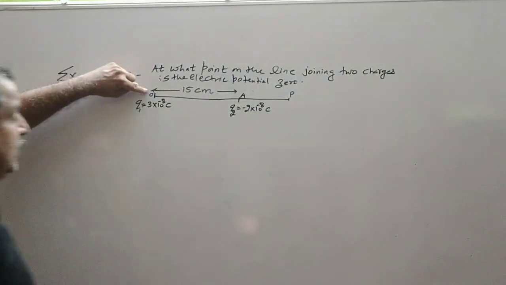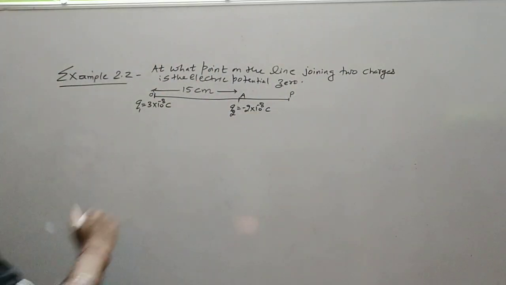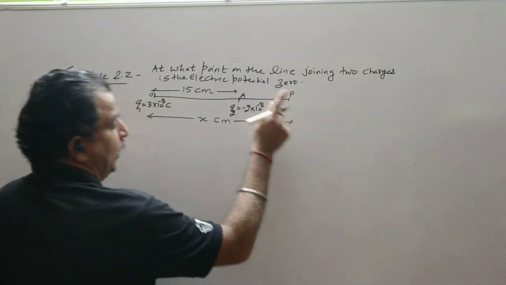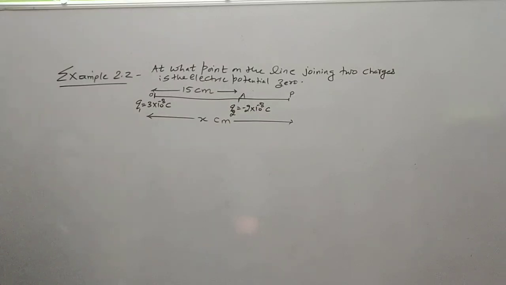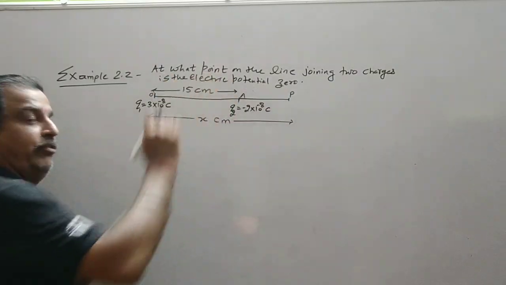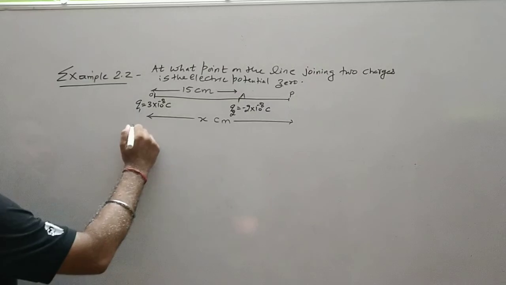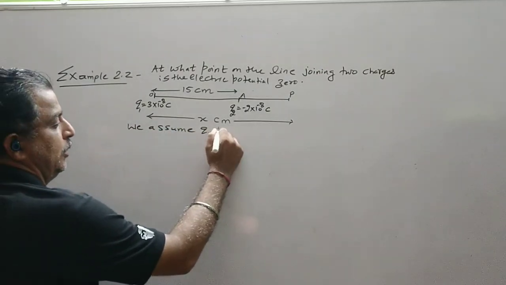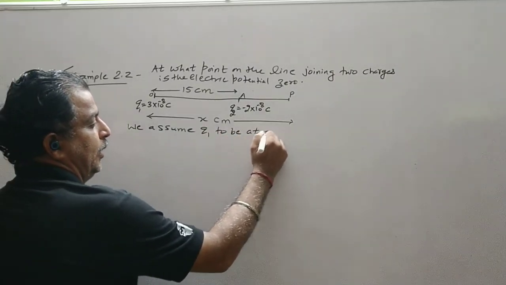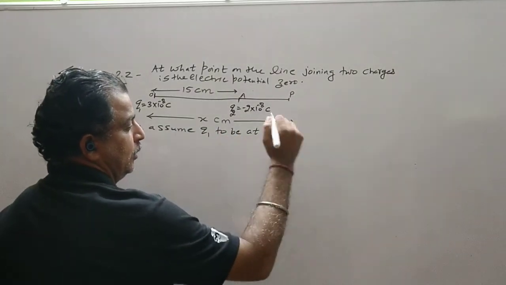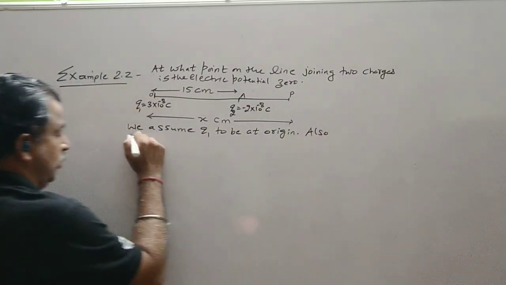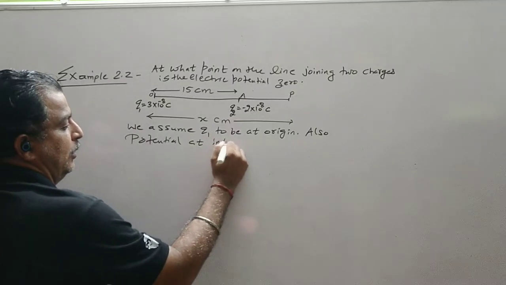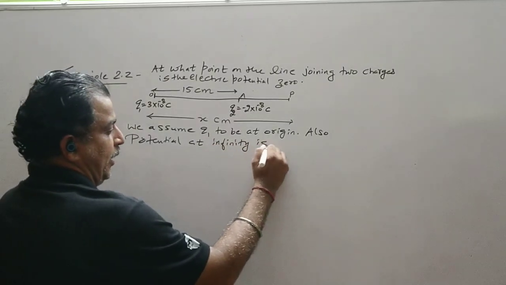Now if we assume this is the origin, let this point be x centimeter from the origin. You may take this also as x. So whatever answer you get, you add plus 15 centimeter. So one is, we assume Q1 to be at origin. Also, potential at infinity is 0.